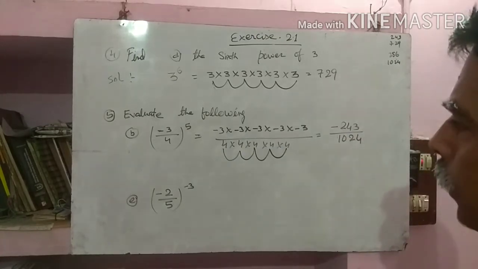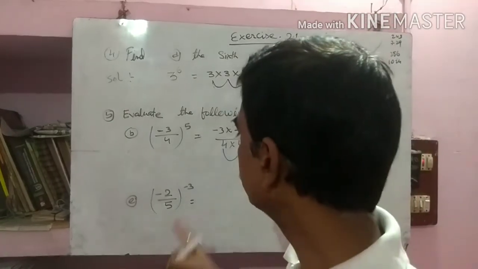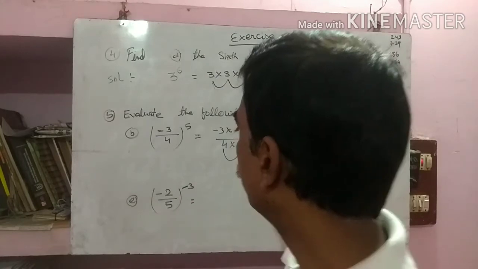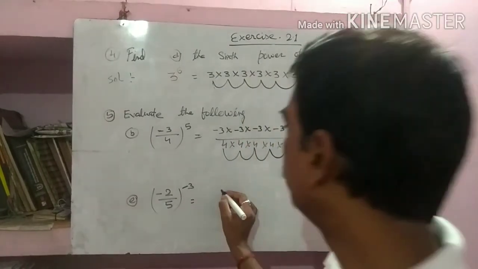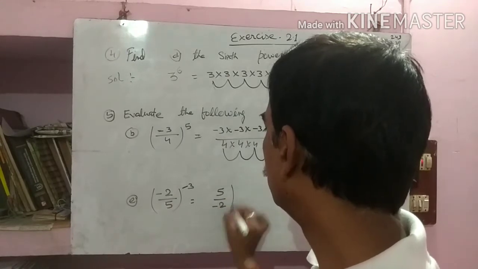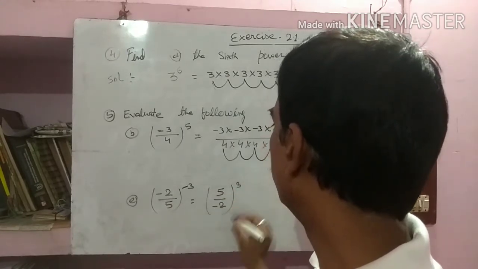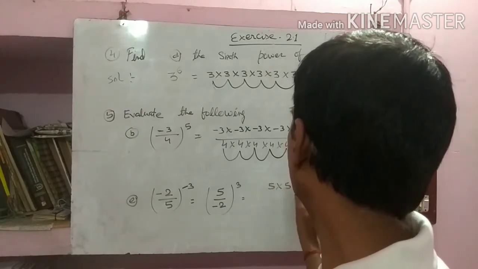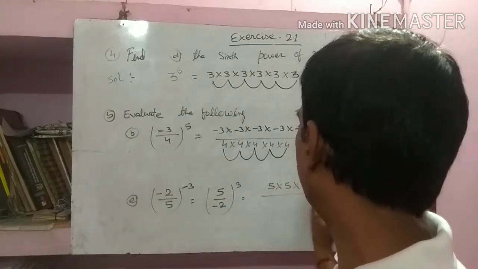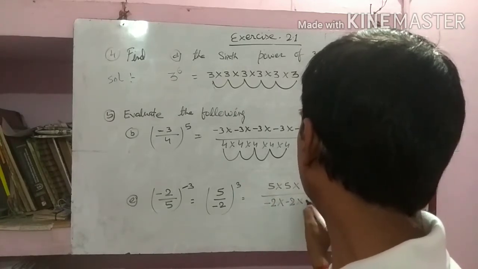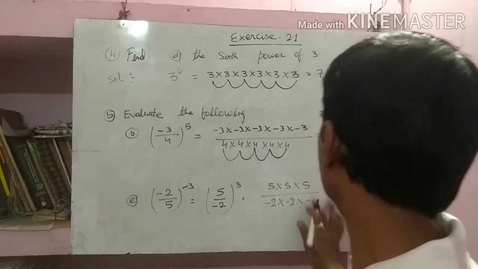Okay. In this case, if the power is negative, the number will be the reciprocal of it. Means it will be 5 by minus 2 to the power 3. It means this is 5 into 5 into 5 by minus 2 into minus 2 into minus 2.